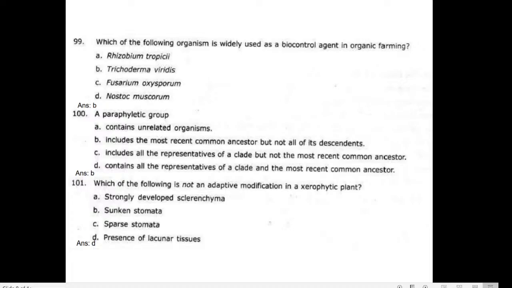They can grow with a little amount of water. For example, crotons have sharp edges on their surface. So these are some of the characteristics.